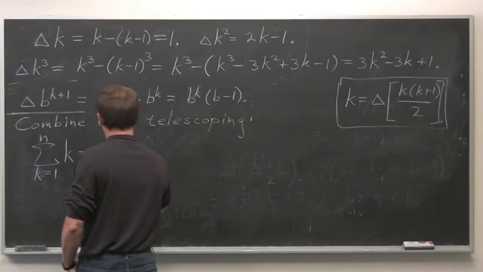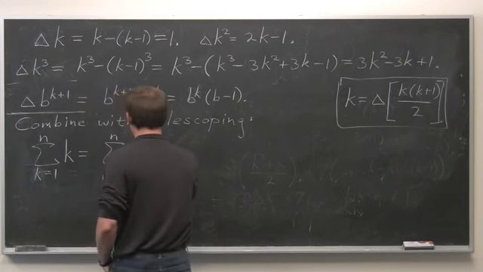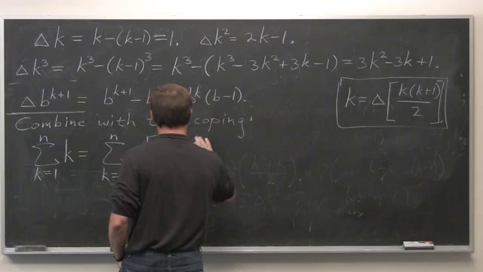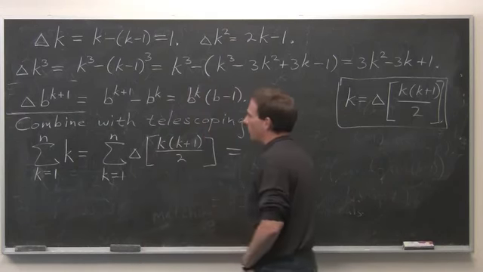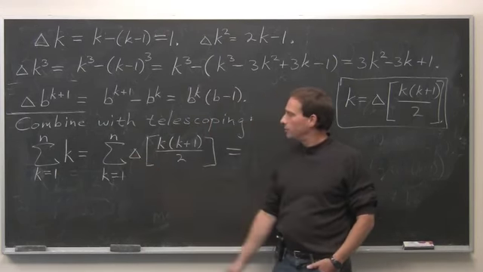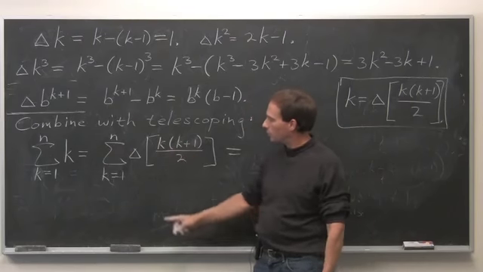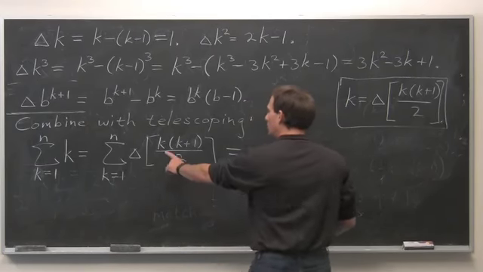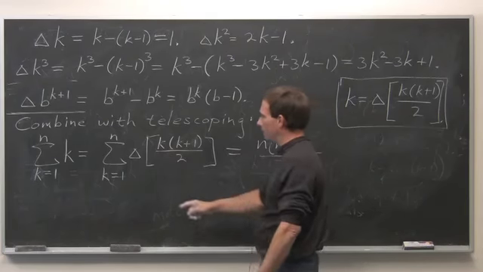Well, this is the sum as k goes from 1 to n. We wrote k as delta of k times (k plus 1) over 2. And telescoping says that if you do this sum of the delta, you get what you get if you just plug n into this expression, and subtract what you get when k is 1 less than the start.